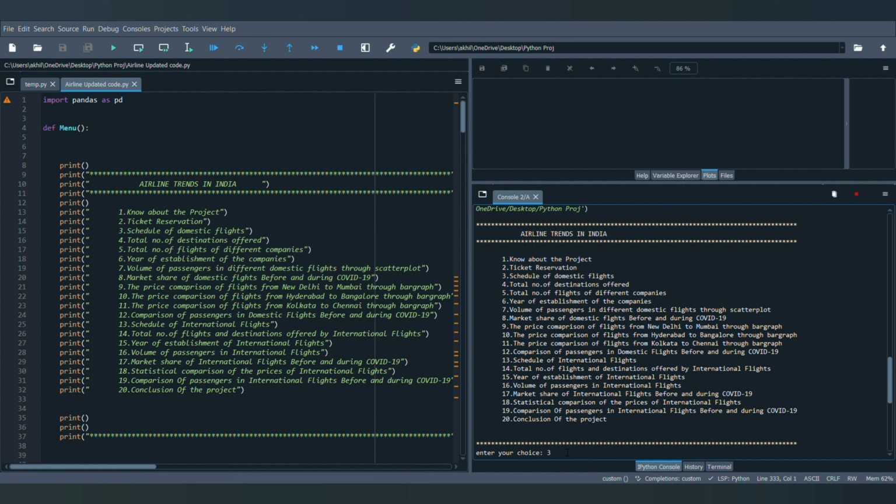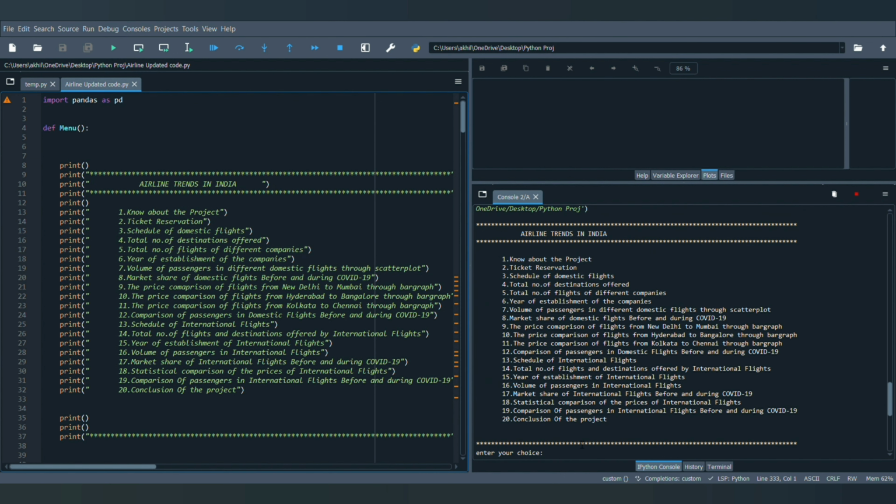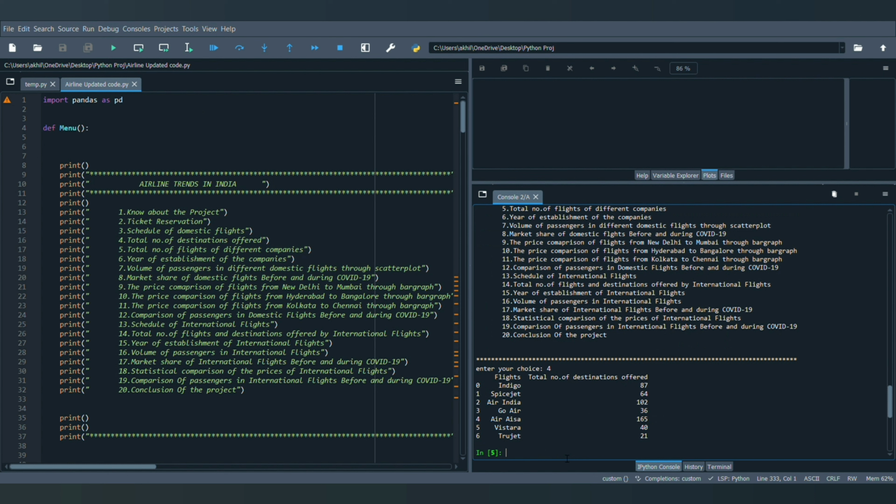Now when I enter the third option, it gives me a schedule of all the domestic flights between these different departure and arrival places. For example, from New Delhi to Mumbai, what are the schedules and what are the prices. So that is the third option. Now when I enter the fourth option, it tells us about the total number of destinations that are offered by these different airline companies.